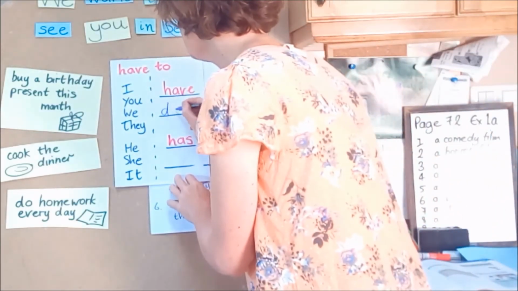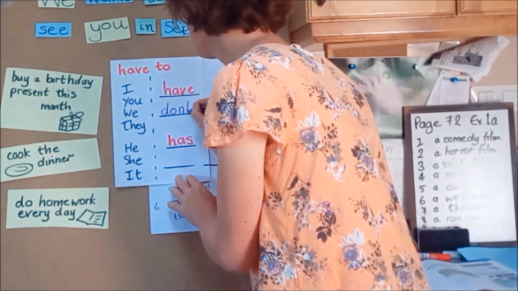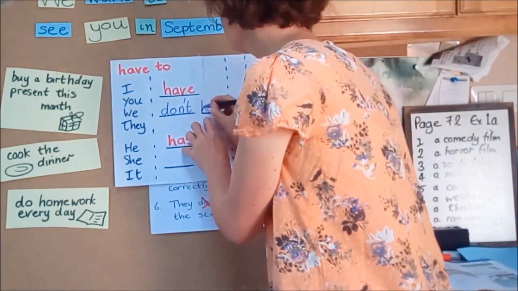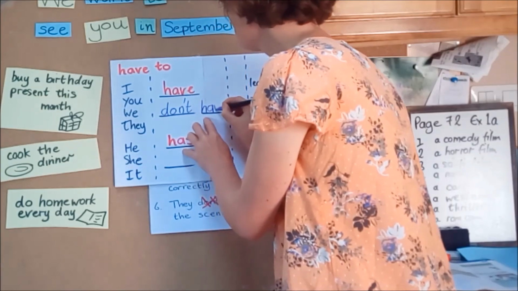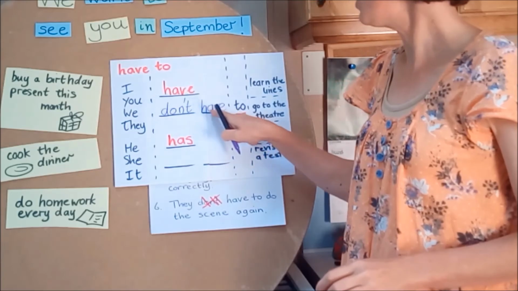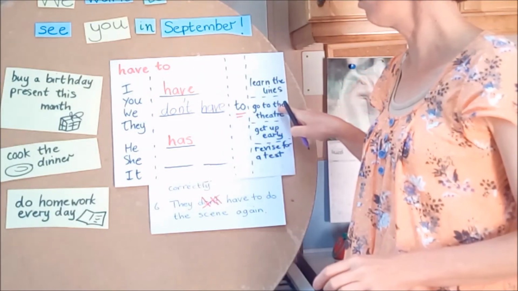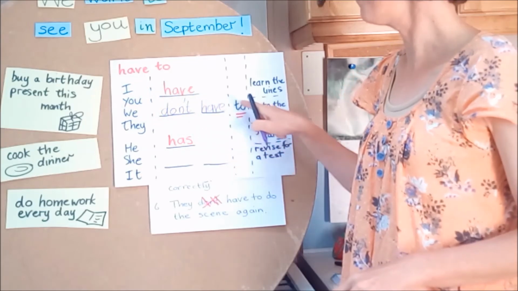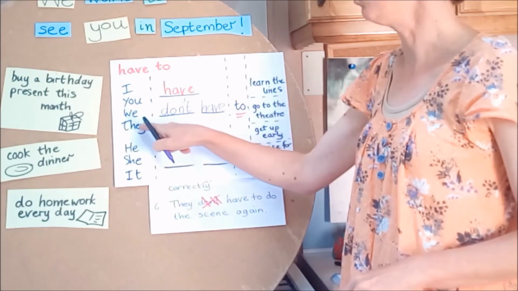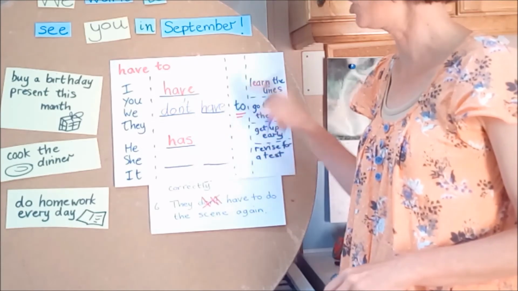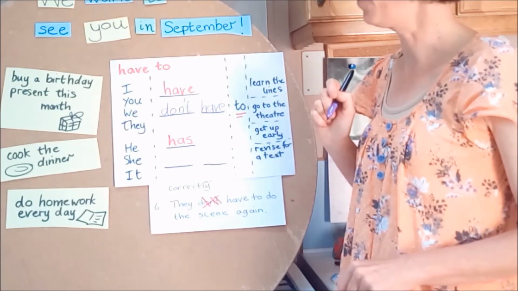So we put our helper, don't, in here, and the main, the important verb, yeah. So I don't have to go to the theatre. You don't have to go to school. We don't have to go to school. Don't have to. All the same.